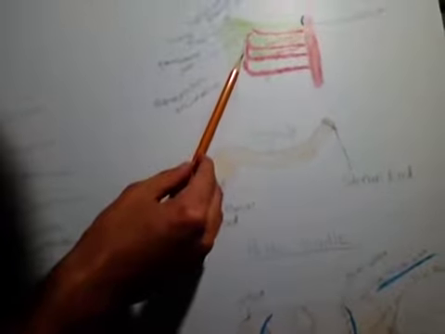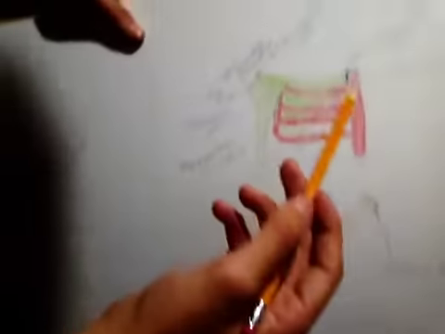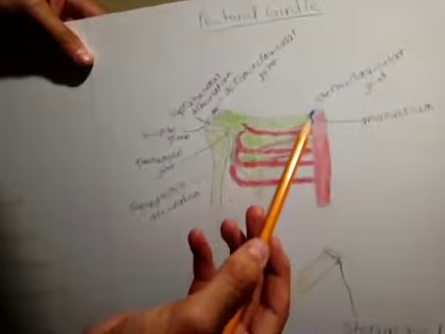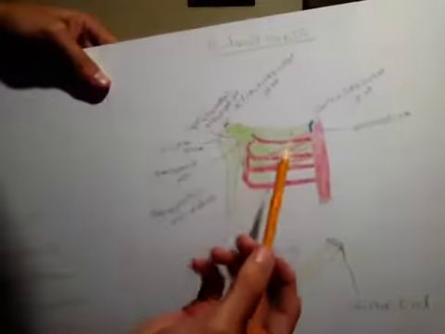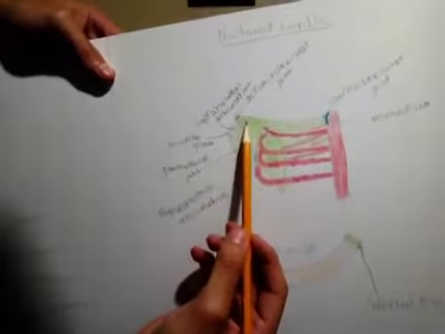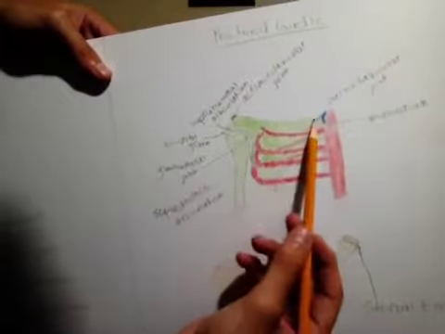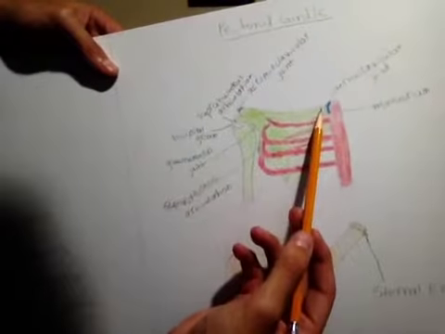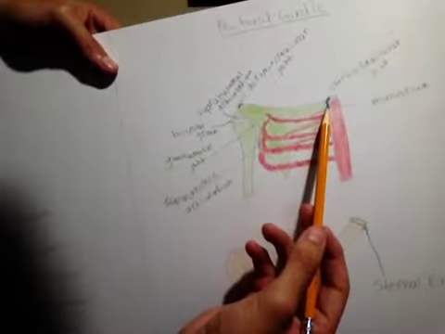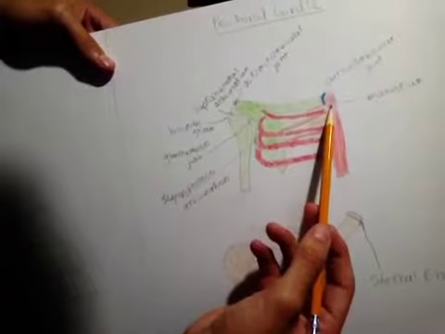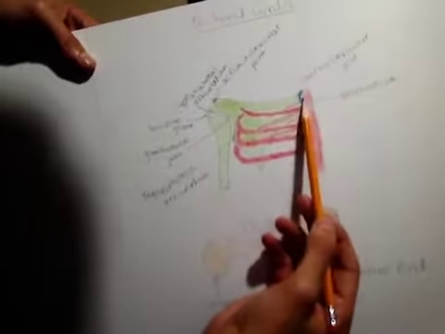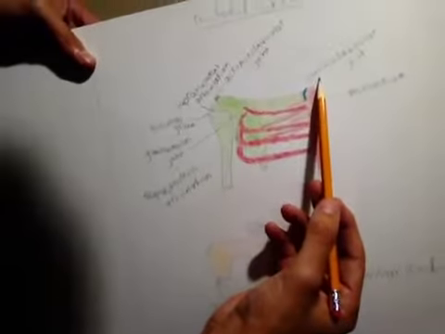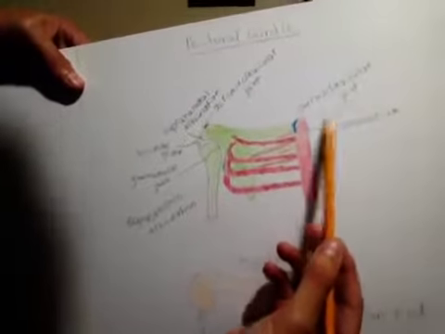So, wondering why I have this in this color blue right here, standing out. Well, good question. Right here, we have the clavicle, which articulates with the clavicular notch of the manubrium right here, which forms the sternoclavicular joint.